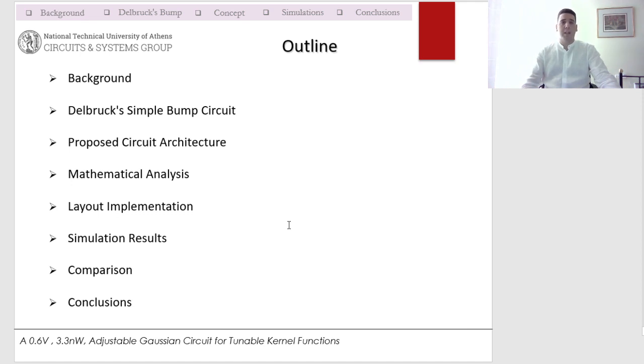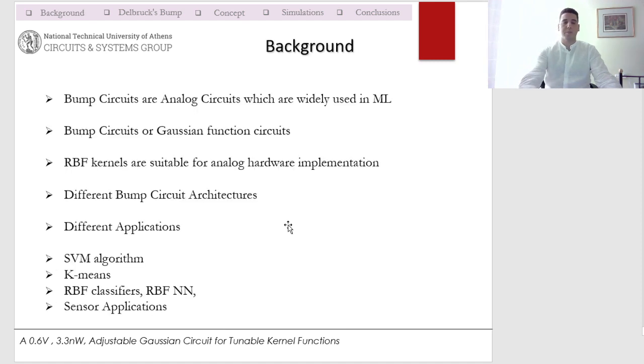The next step is the theoretical analysis, in which I will provide the basic concept; extra information, of course, you can find in our work. In order to confirm the proper operation of our circuit, we implement the layout and post-layout simulations are provided. Last but not least, comparisons and conclusions.